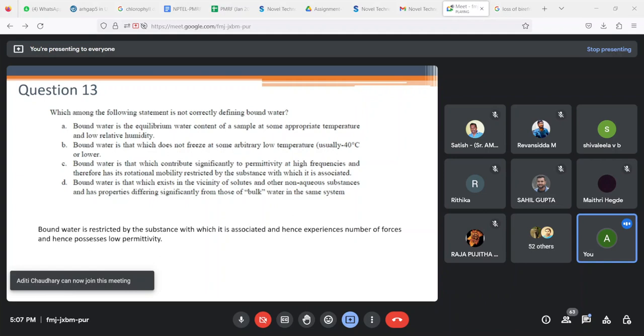There are multiple other statements that define bound water. There is not one single definition, because it's a very confusing concept. All these definitions are present in the food chemistry textbook, and readily available on the internet as well. So the answer to this question is option C. Option C is the one that is false. It has low permittivity.